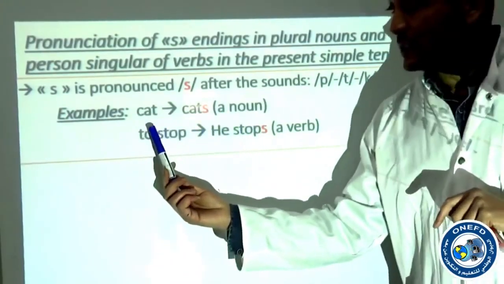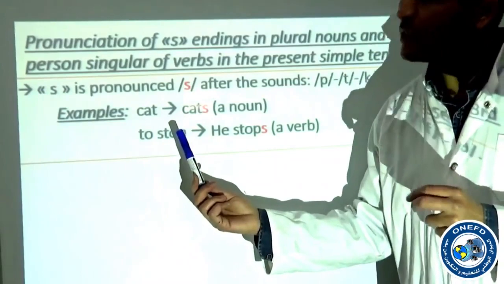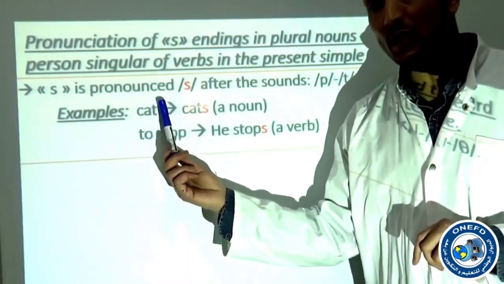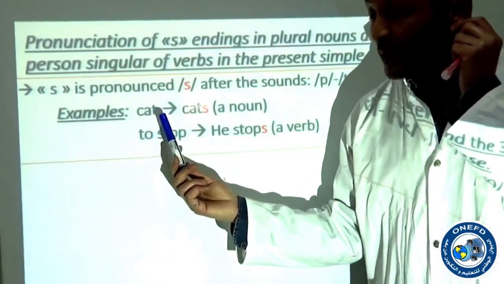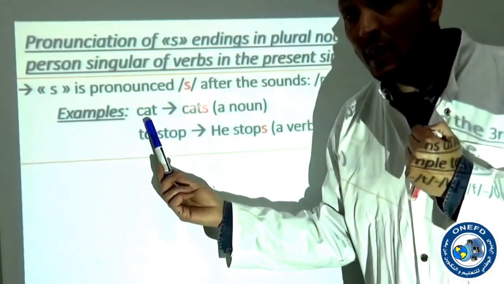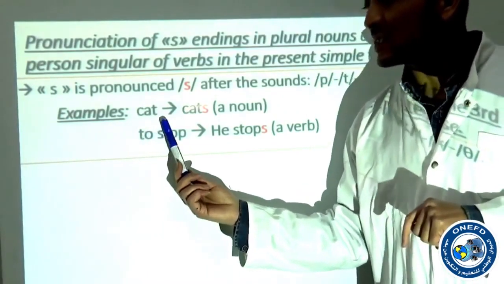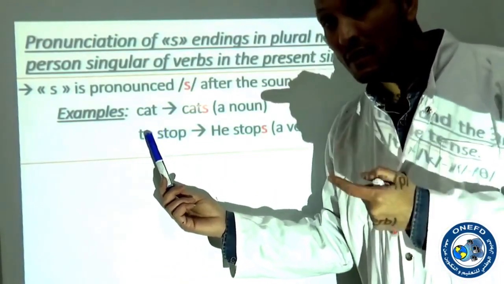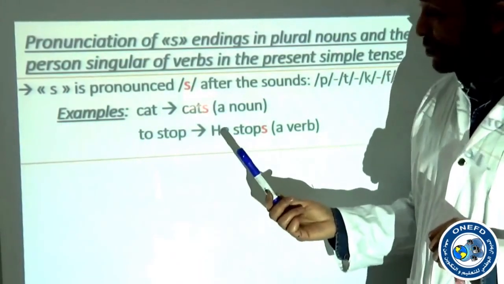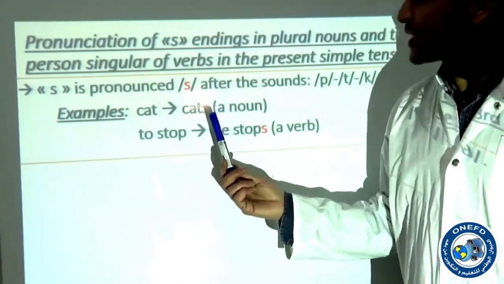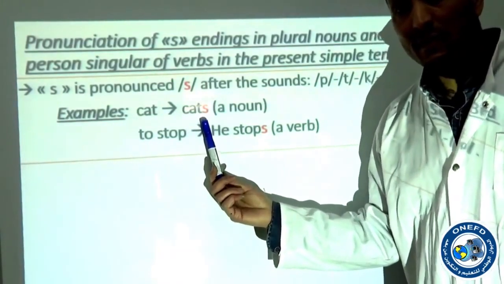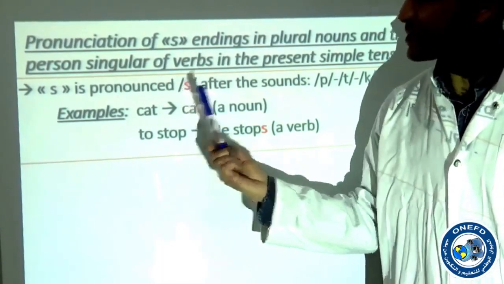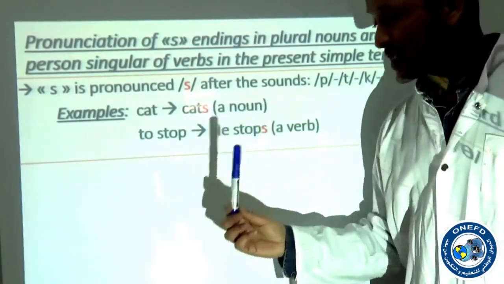Before we add the S, the final sound when I pronounce the word cat is T. The last letter is T, and the last sound is T. So it is a regular plural, we just add the S and we say cats. The S here is pronounced S.